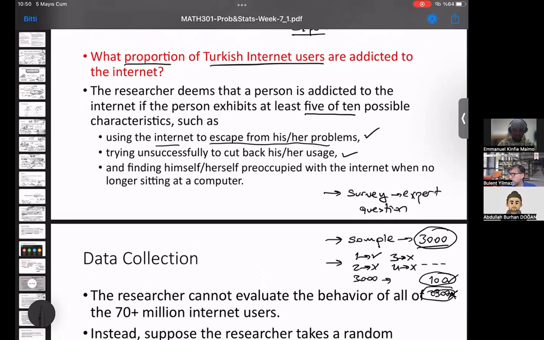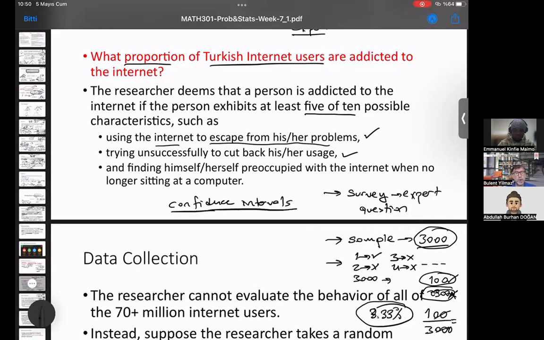And you say, out of these 3,000 people, 100 people are addicted. So it is around 3.33% of the population that is internet addicted. But you also have to come up with some confidence intervals, which we will talk about later.